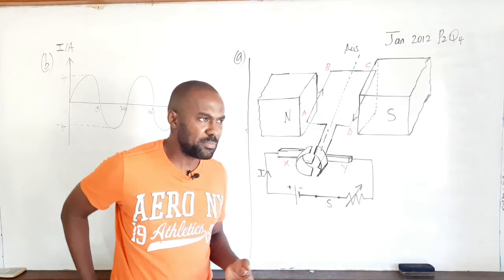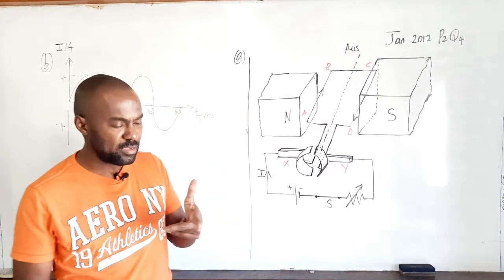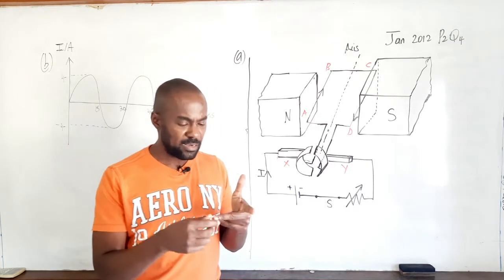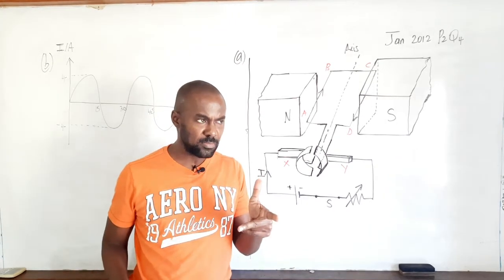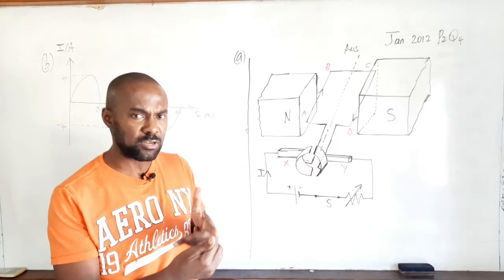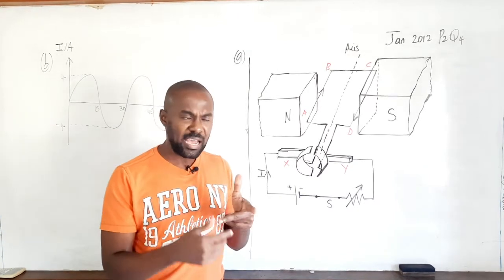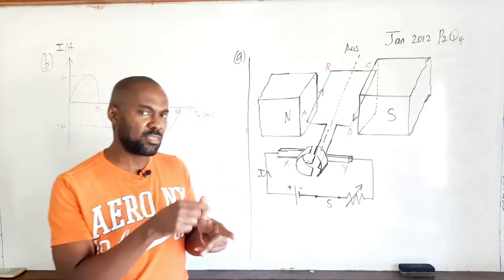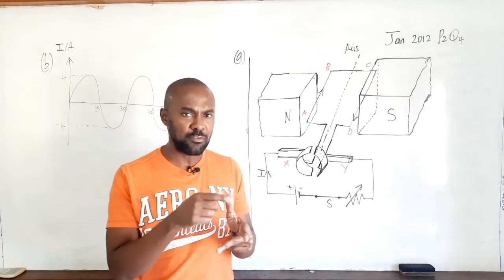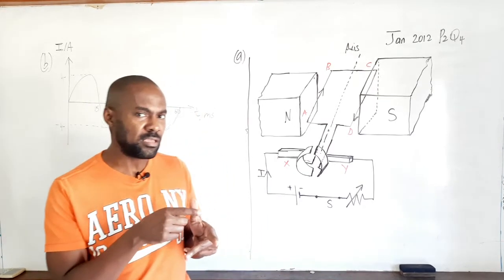According to Fleming's left-hand rule, if you hold the first finger and the second finger of your left hand at right angles, so that they point in the direction of the applied magnetic field and the conventional current respectively, then the direction in which the thumb points will give us the direction of the thrust or the force on the conductor.